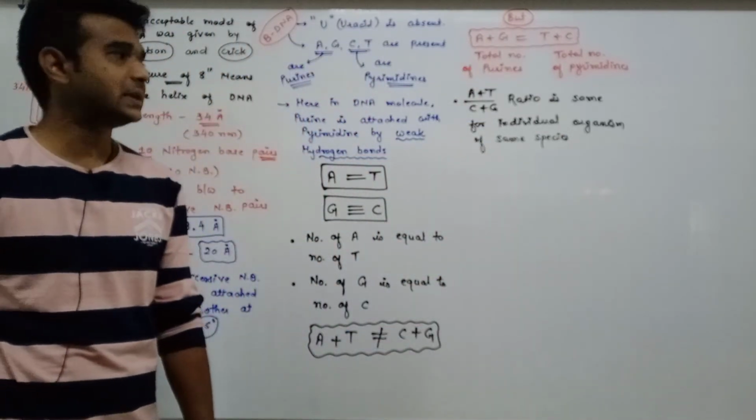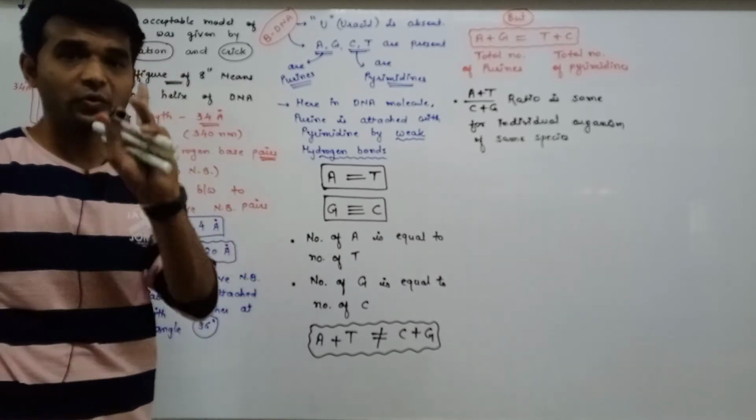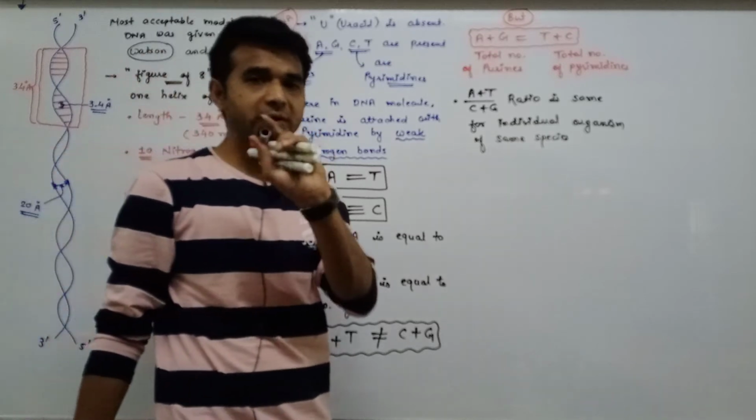Yes, the A plus T upon C plus G ratio is the same for only one organism, for the same species.